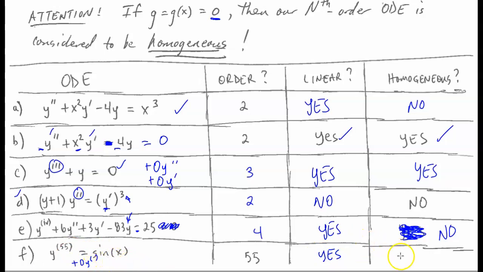But of course, this would not be homogeneous because the right-hand side is going to be something that's not 0, okay? All right, so again, we need to understand what these particular types of equations look like because this whole process of reduction of order only deals with nth order linear ODEs.